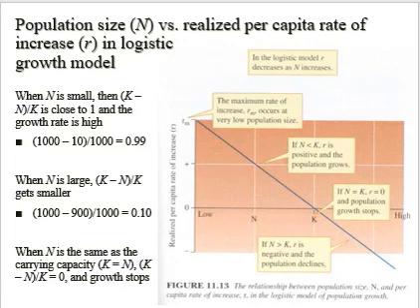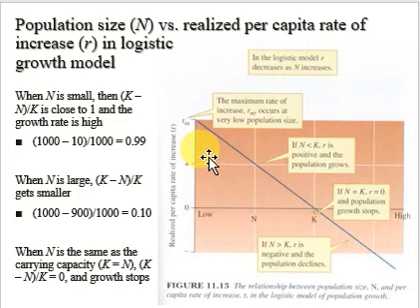So again, the population growth is moving towards stabilization based on the population size. The relationship between realized r and population size in a logistic growth model generally follows this straight line that is shown here, right?